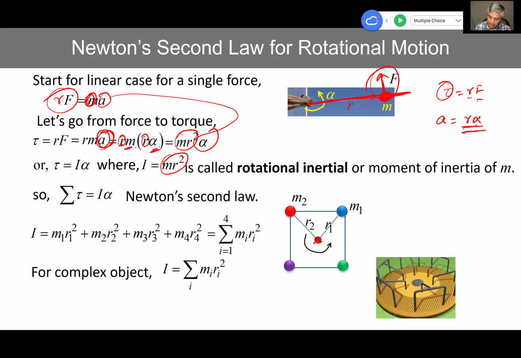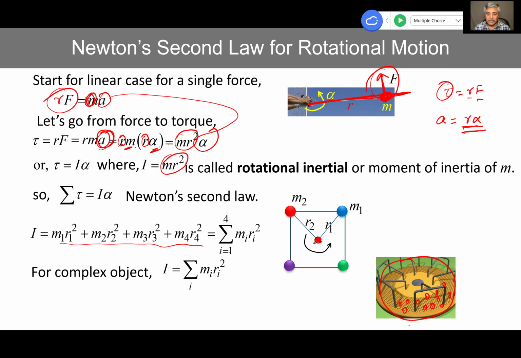So if we have a disk like this, then what we do is we separate this into several masses. We assume, okay, there are several masses, and we keep adding all of those. And then finally, we calculate using the total mass m.